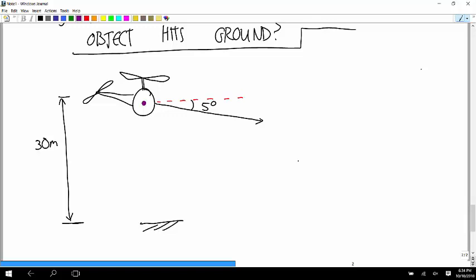So this object is going to start out at that angle and then fall down to the ground like this, and it's going to hit the ground somewhere over here. This path is going to look something like that, part of a parabola. And we want to calculate this distance.